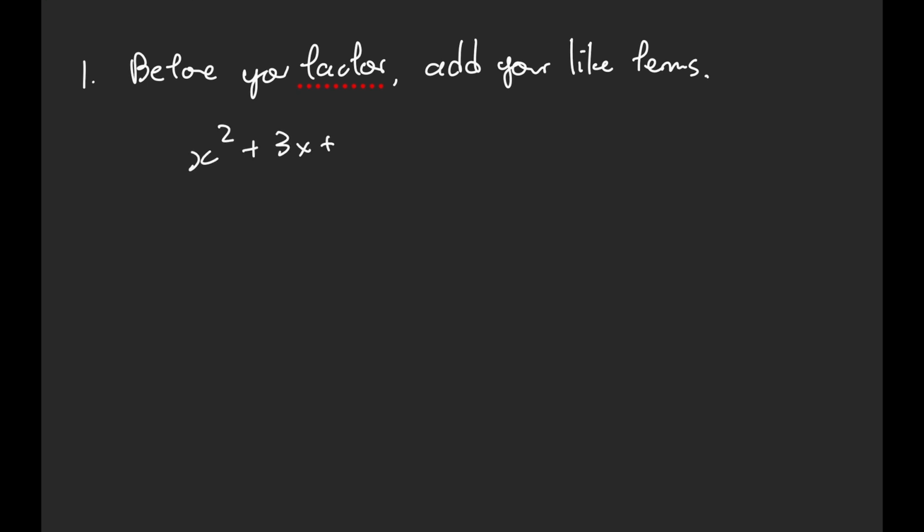Let's just say I have x squared plus 3x plus 4x plus 5x squared plus 2x. Let's say I wanted to factor this, right? What I would do is I would add up all the like terms. So this would turn into 6x squared plus 9x.